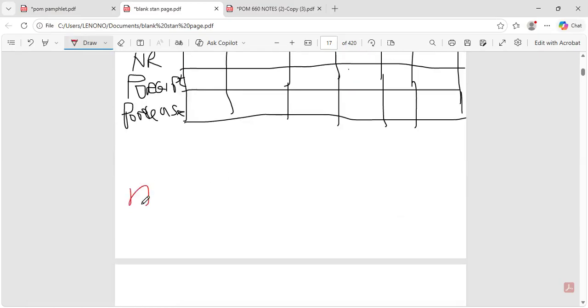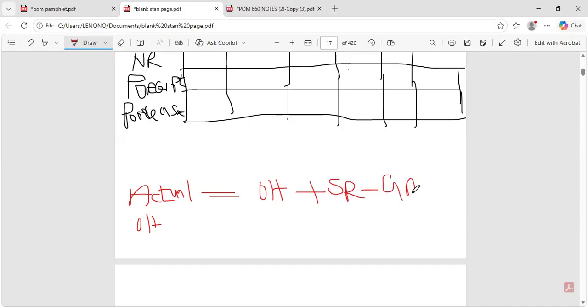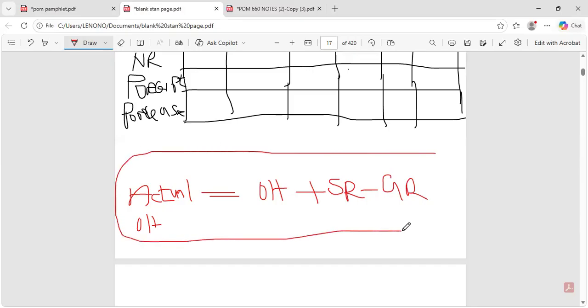So the actual on hand is equal to on hand plus scheduled receipts minus the gross requirements. So this is the actual on hand.